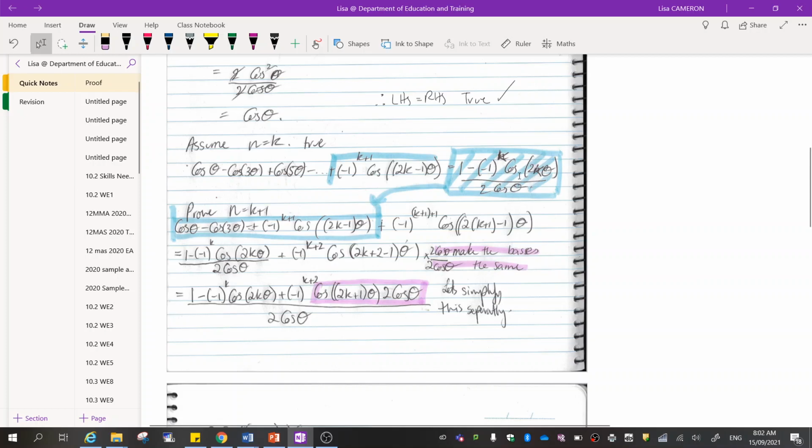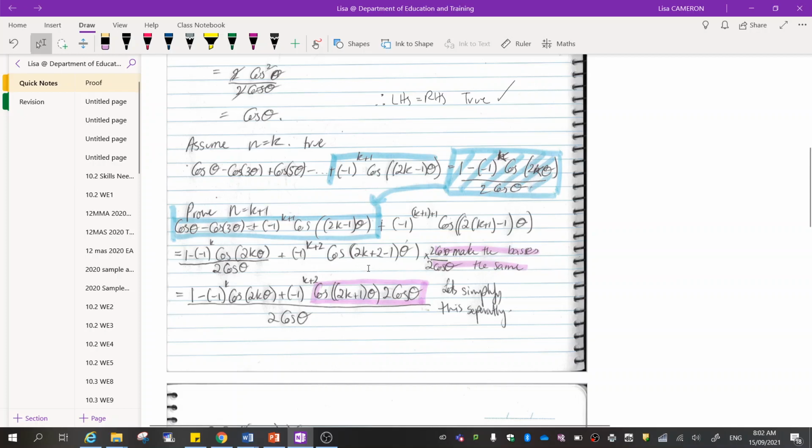So that's why I've highlighted this in blue and this is highlighted in blue, because that whole section gets replaced by that. So that's how we end up at this point here where I've got this at the start, which is just the part over here that's in blue. And then on the end here, I've got this part again, but with k plus 1 substituted in.